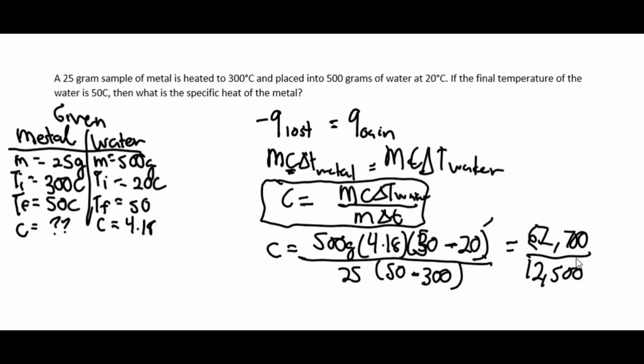So let's solve this. 62,700 divided by 12,500. So the specific heat is 5.0116. That is our final answer.